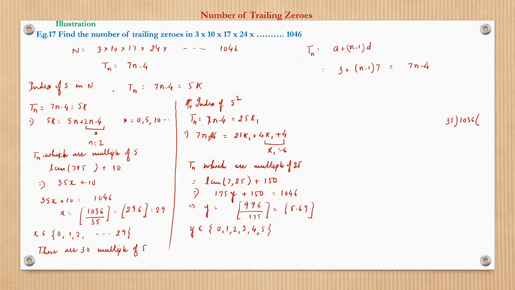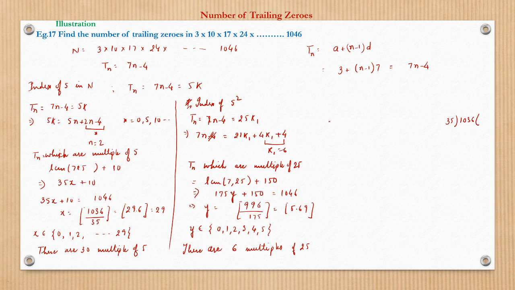So therefore there are 6 multiples of 25. So now see, 6 multiples of 25, that has already been counted in this 30, but this 30 we are counting for one power of 5, and from here we'll get an additional power of 5. So now we can say there are at least 36 powers.